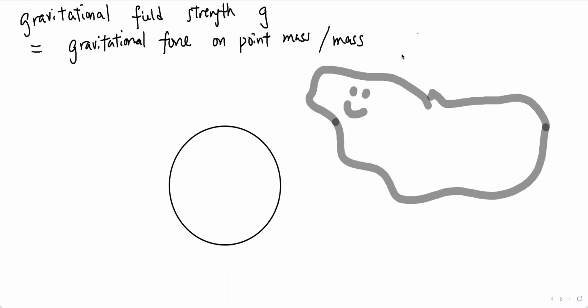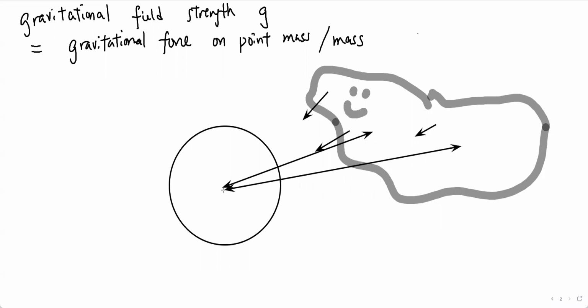And if you're talking about the force acting on the spaceship by the Earth, actually at every point, the direction of the force and the magnitude of the force are different, because of the size of the spaceship, and because the distance between that part of the spaceship and the center of the Earth is different. So therefore, the magnitude of the gravitational force on different parts of the spaceship are different.